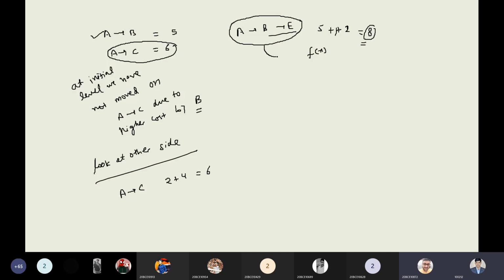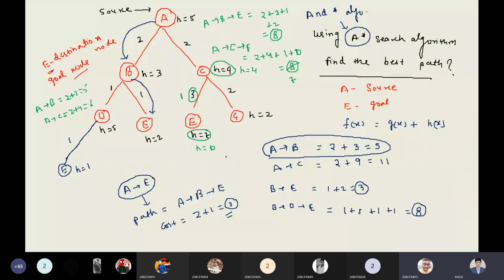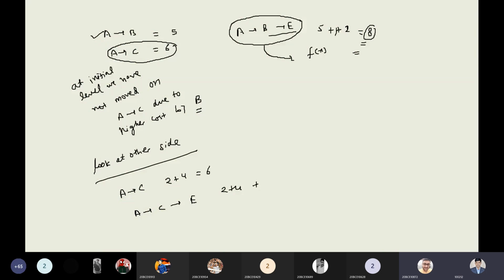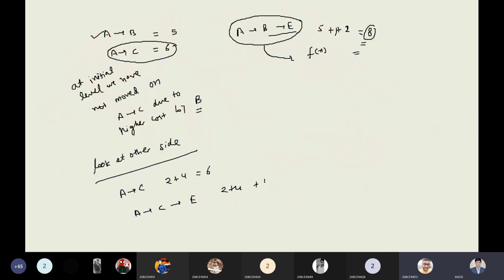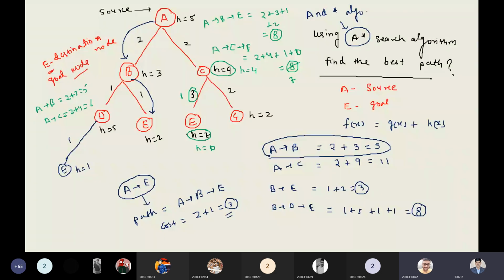Okay. And here, this function cost where I'm choosing path A to B to E, so the cost will be 8. I can write A to C, and then I'm just going C to E. So here I'm getting 2 plus 4 plus 1 plus 0. I'm not writing 1. I'm just taking the heuristic function as a leaf node can have the 0. It is also possible.